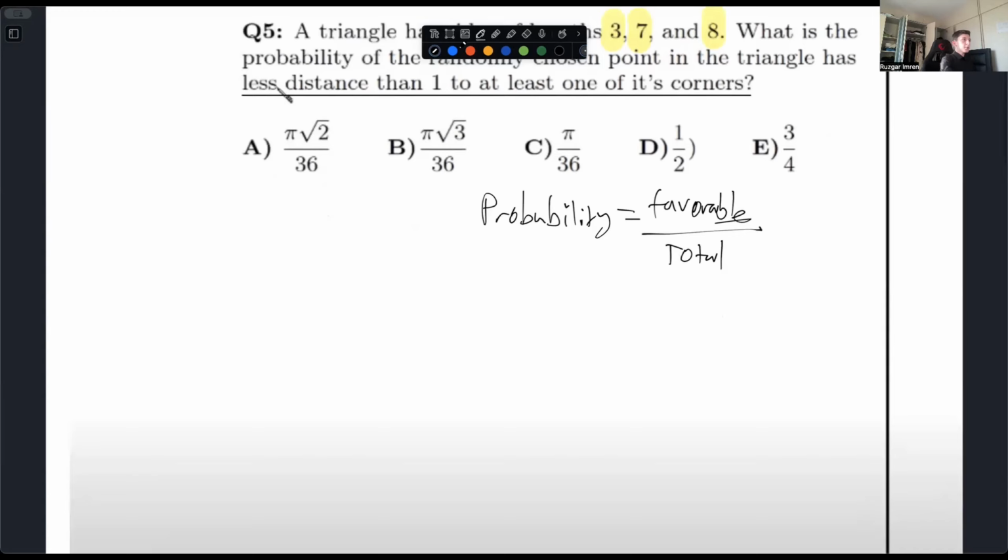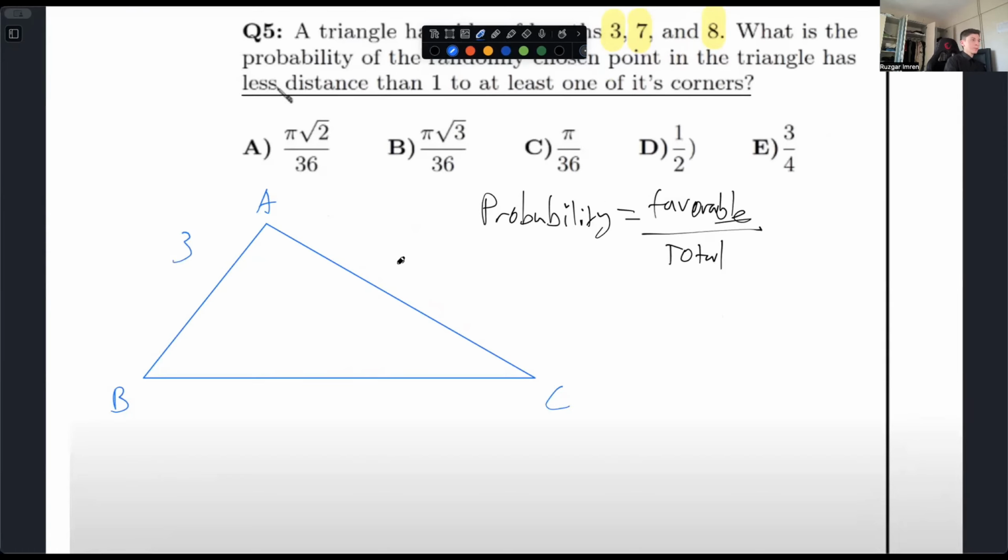After that, we can basically draw a triangle. And then input the points here. And after that, also the measurements.